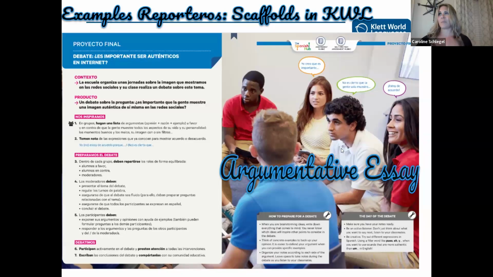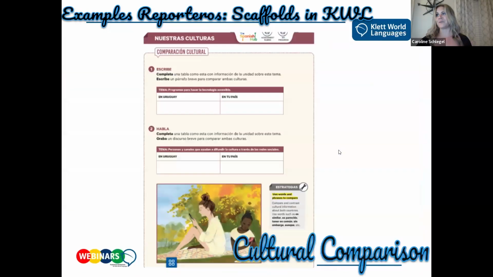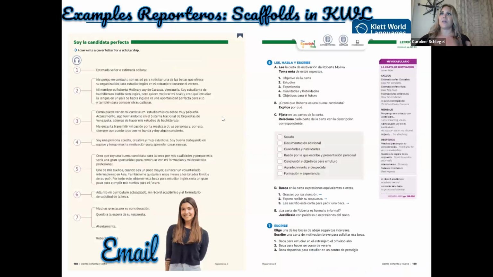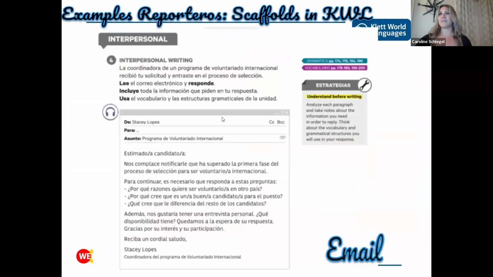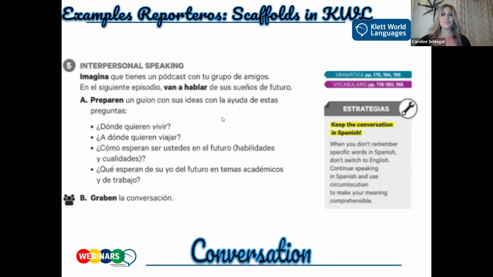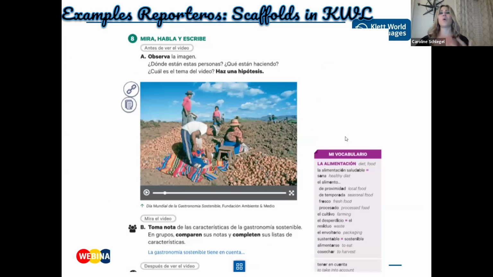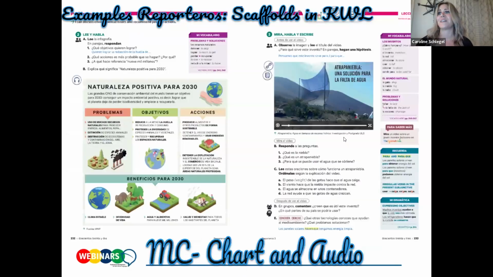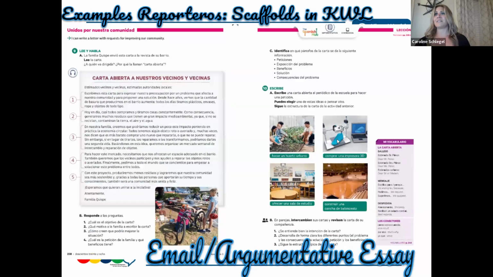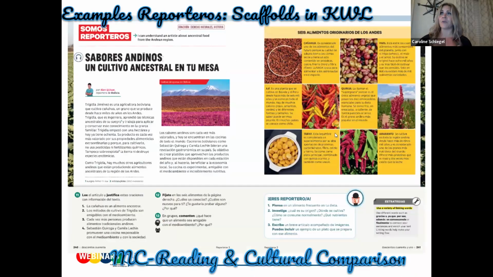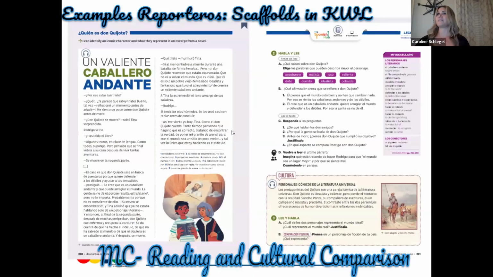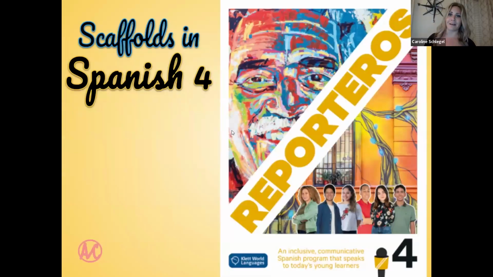And Reporteros lays all of that out for you to structure what you need to do on the AP exam. Again, Nuestras Culturas exists. We're looking at emails here, interpersonal speaking conversations, more authentic resources. I mean, how rich is this text? It is loaded with authentic resources, multiple choice readings, cultural comparisons. I mean, the list just goes on and on.